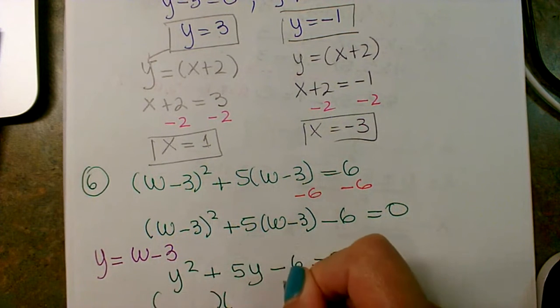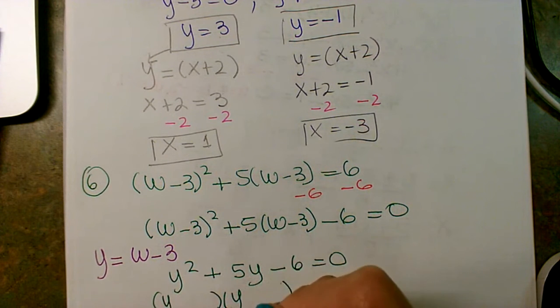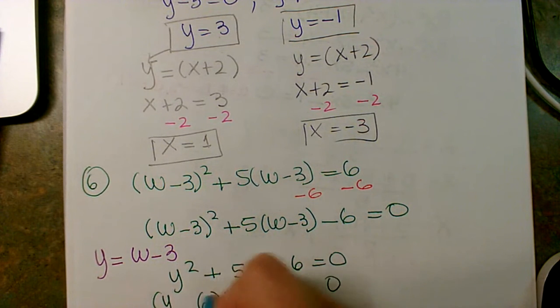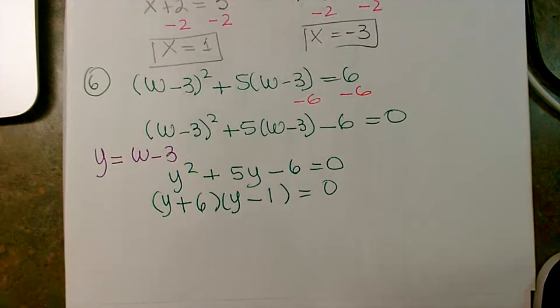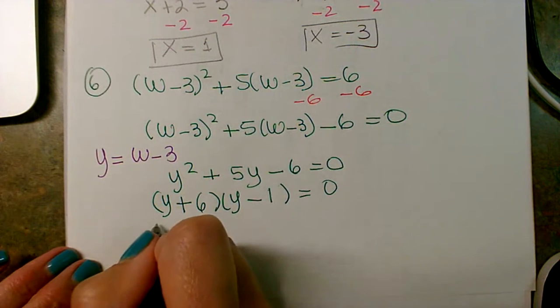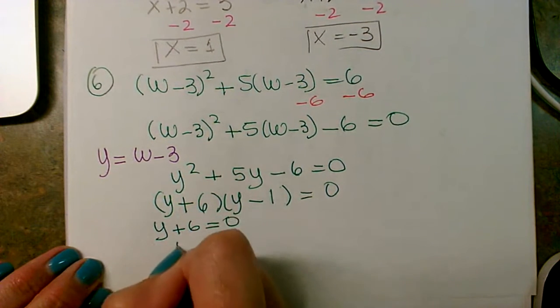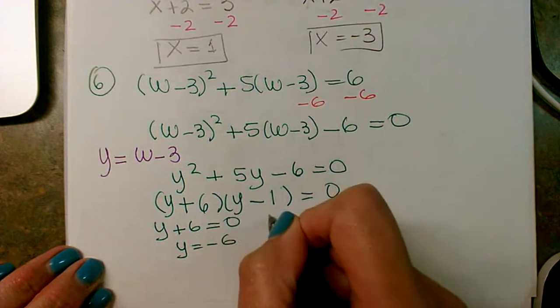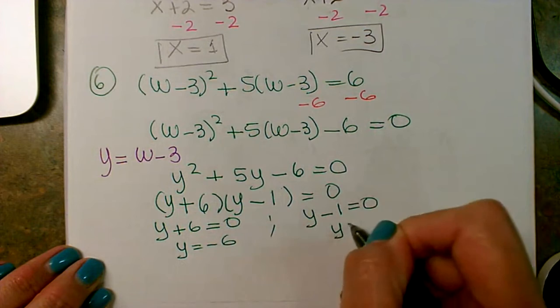We factor this. One is positive and the other one is negative. Okay, so then y plus 6 is equal to 0. Y is equal to negative 6. For y minus 1.